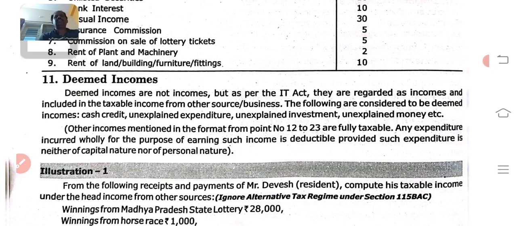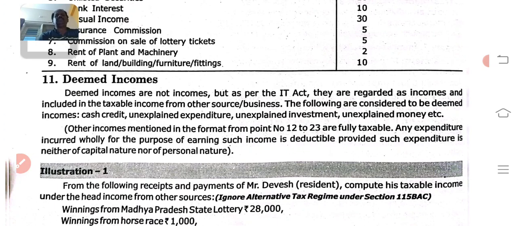What is deemed income? Deemed incomes are not incomes, but as per the IT Act, they are regarded as incomes and included in the taxable income from other sources or business. The following are considered to be deemed income, for example, cash credit, unexplained expenditure, unexplained investment, even unexplained money also.